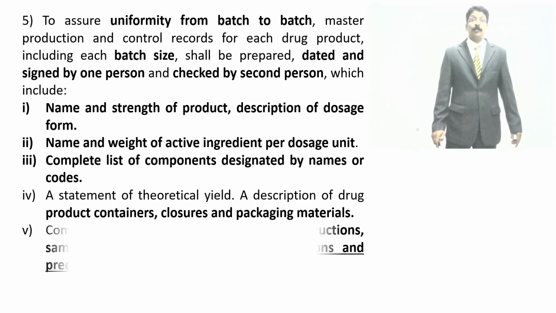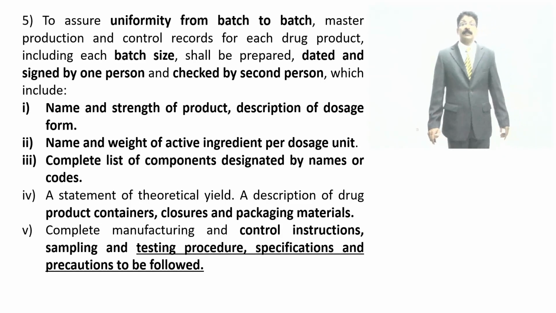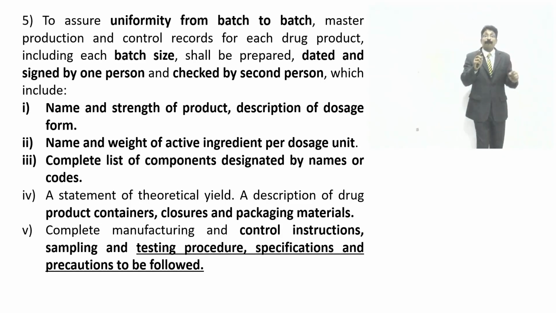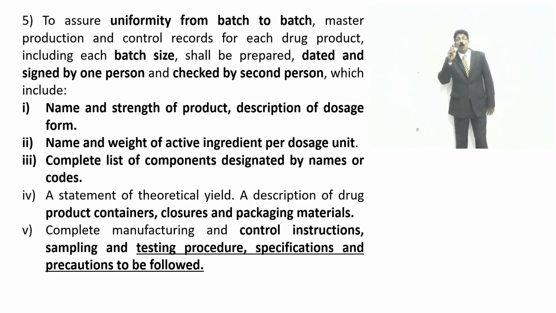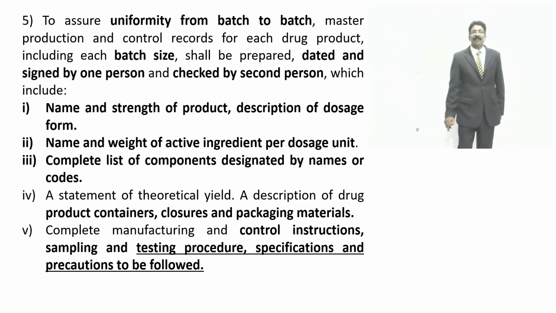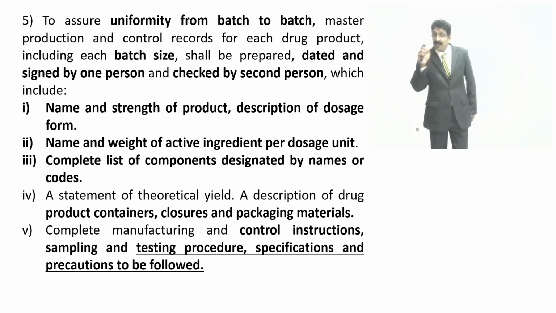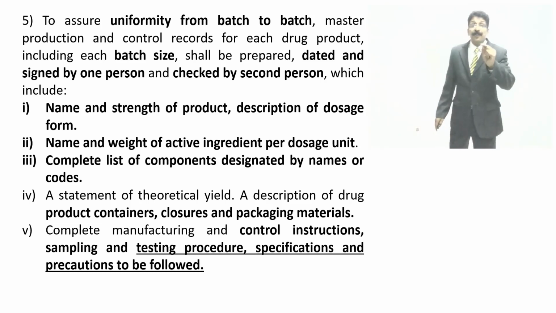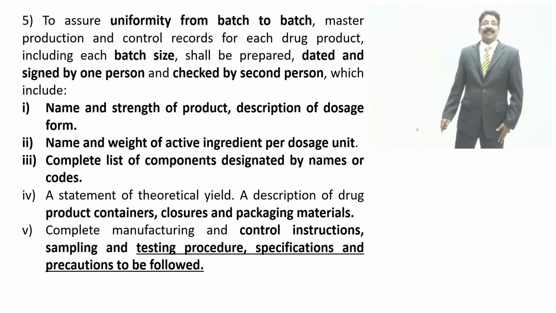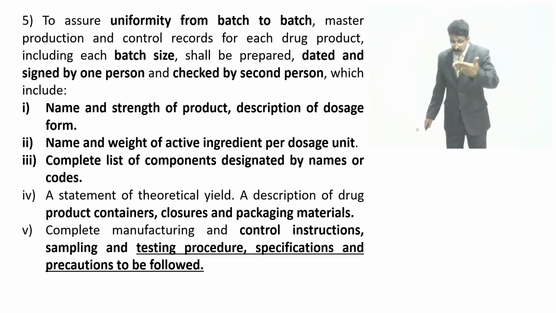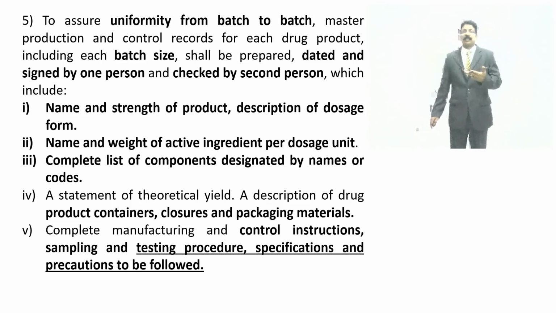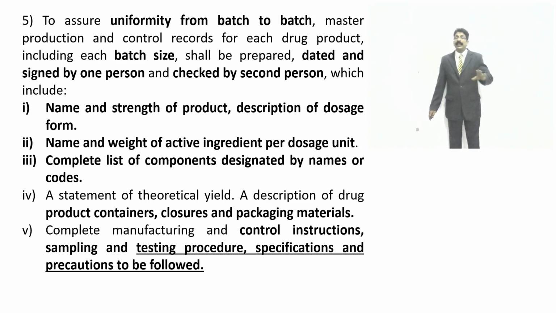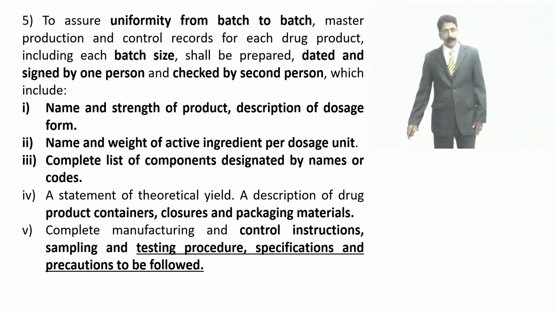This should be mentioned, along with complete manufacturing and control instructions, sampling and testing procedures, specifications, and precautions to be followed, which should be maintained very clearly in this section.